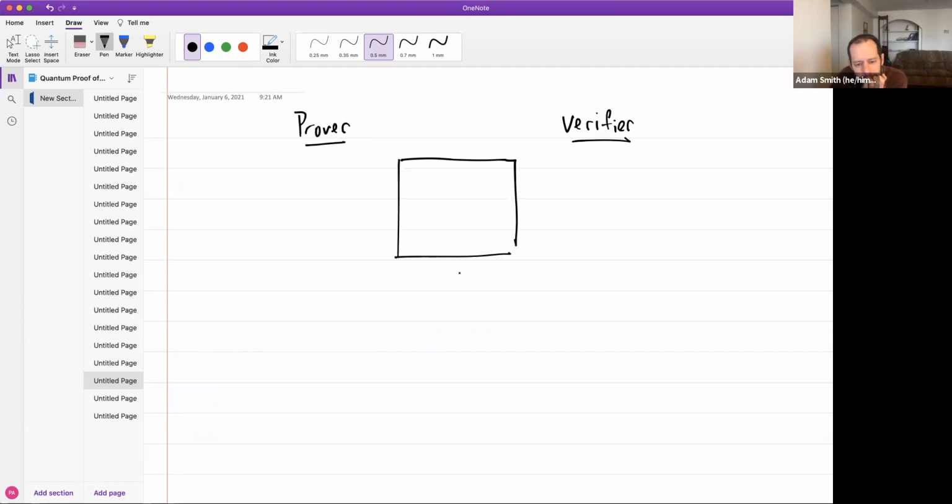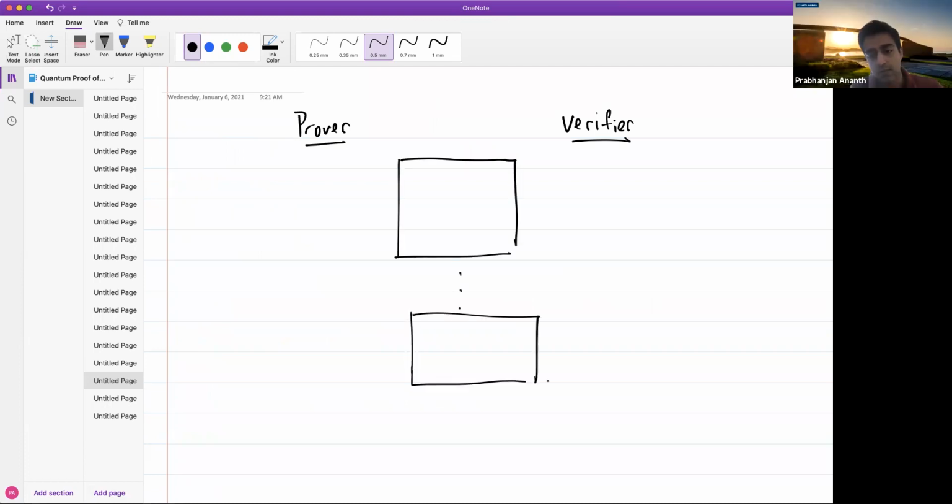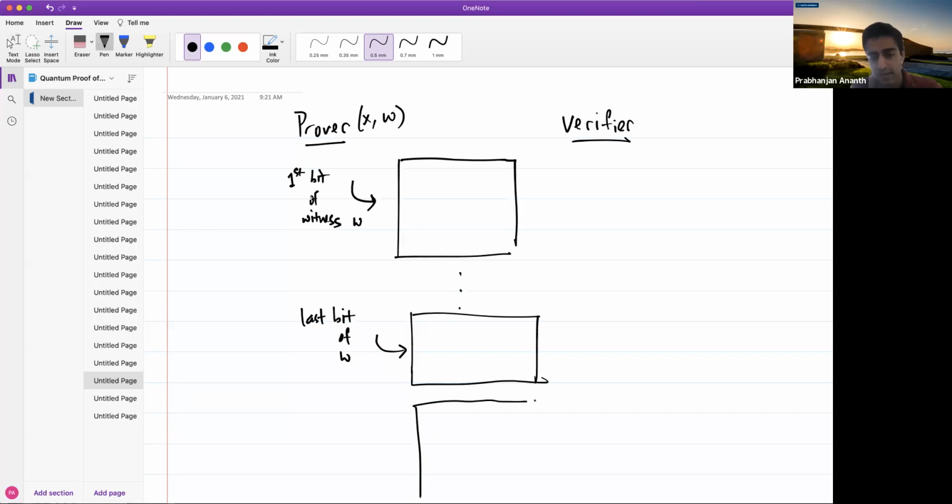You will have many sub protocols, where in each sub protocol the prover, let's say it gets as input X and W, inputs the first bit of the witness here, and then the last bit of W, and finally we'll have a zero knowledge protocol, QZK protocol here, where he proves that he has behaved honestly.